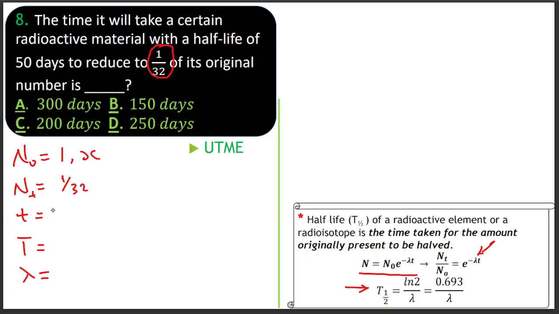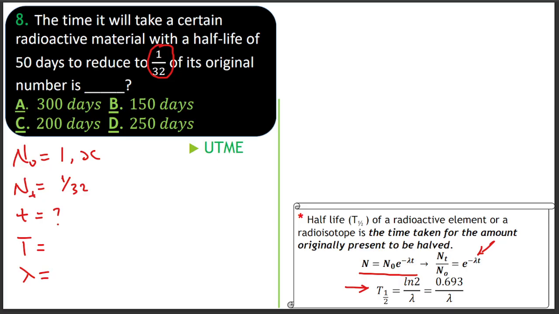And then this is the time it takes for the particular sample of the radioactive nuclei to go from the original amount to the amount remaining. So the t, we don't know.